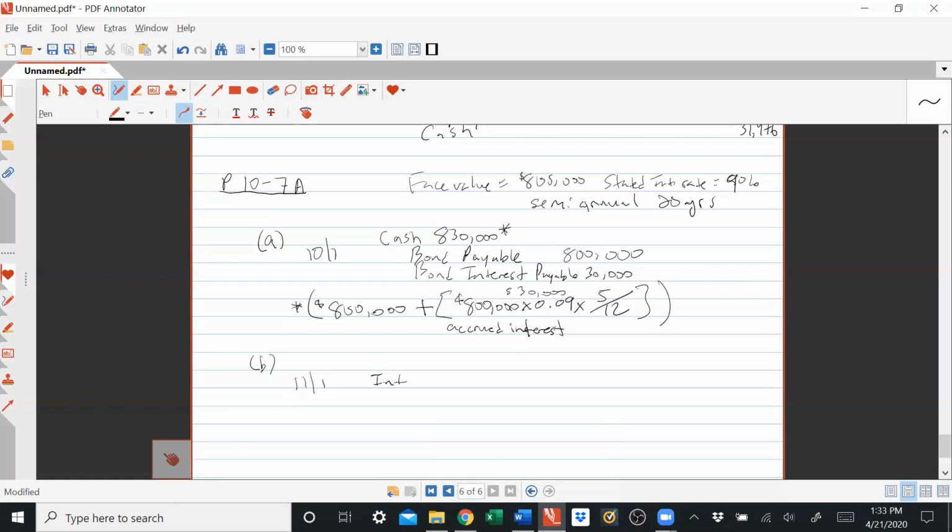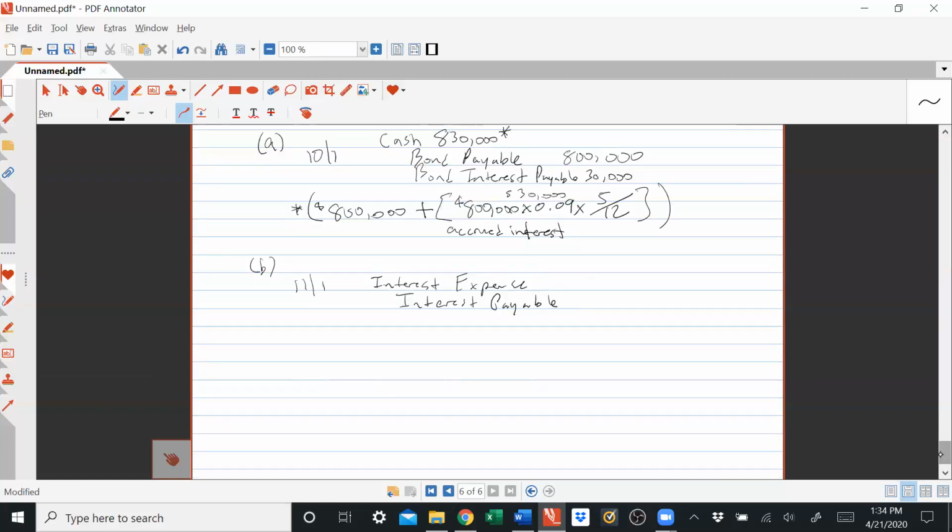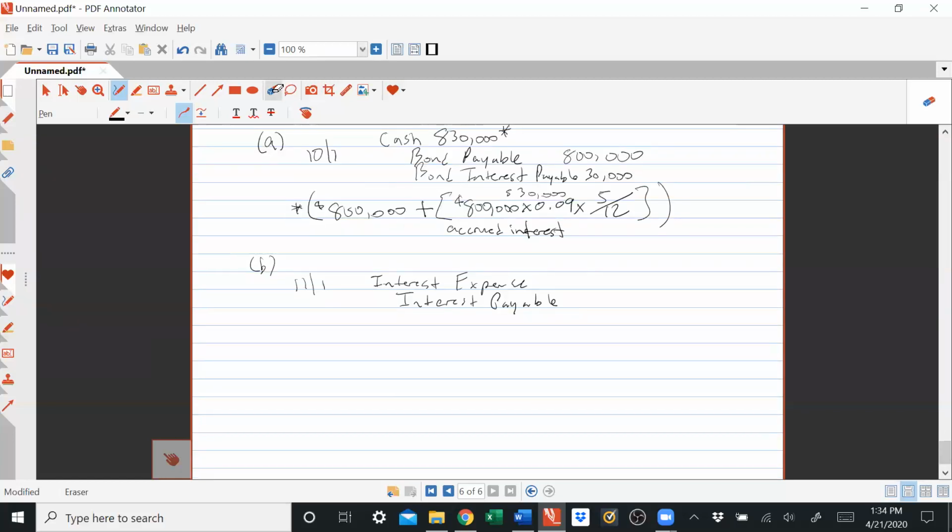We're going to debit interest expense. We're going to credit cash. We're going to debit interest payable as well.